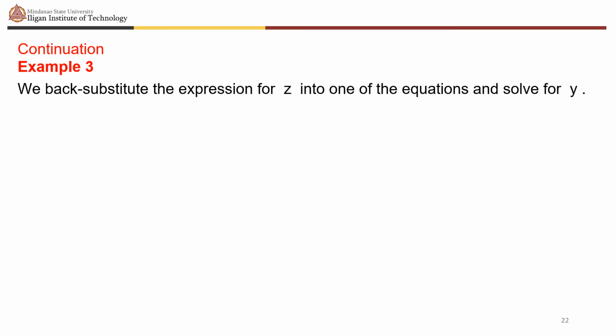So we back substitute the expression for z into one of the equations and then solve for y. We now have 2x plus y minus 3 times 3 over 2 x equals 0.